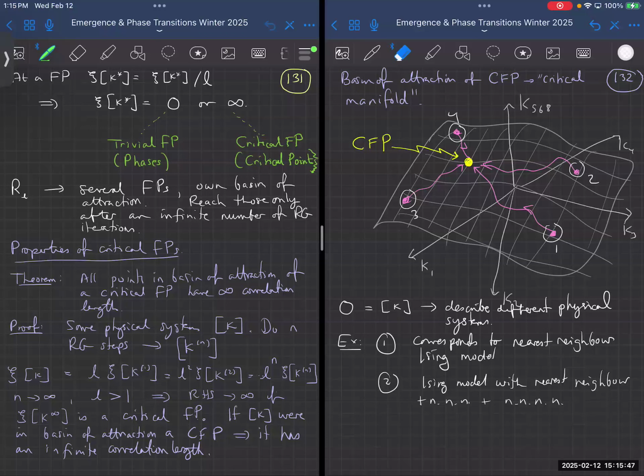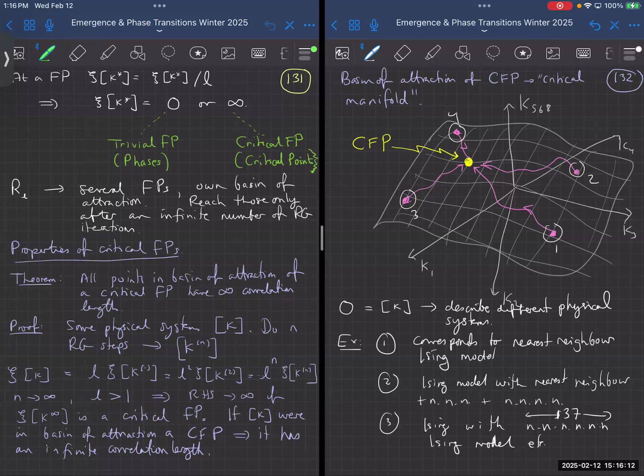Number 3 might be an Ising model with, I don't know, 137 times 130 Ising model, etc. And all of these correspond to different systems, but it's not just that they correspond to those systems with arbitrary values.